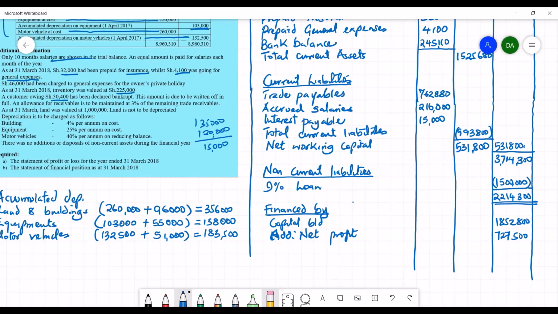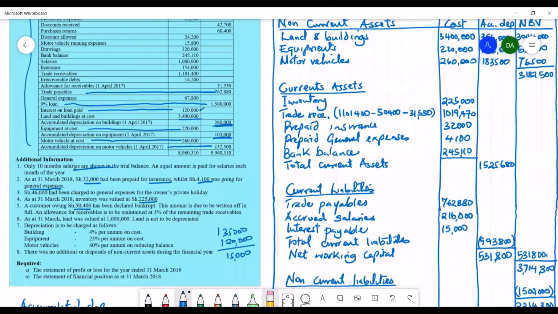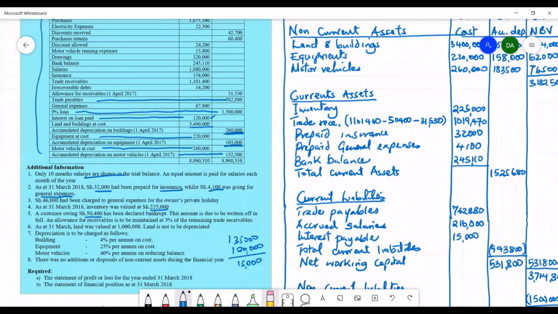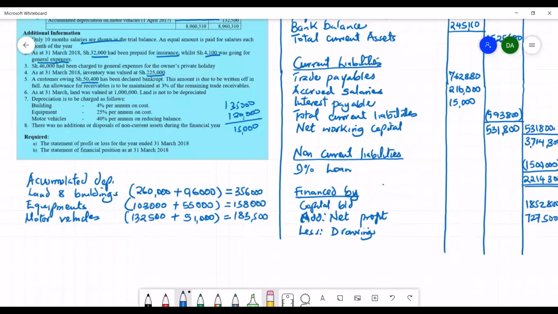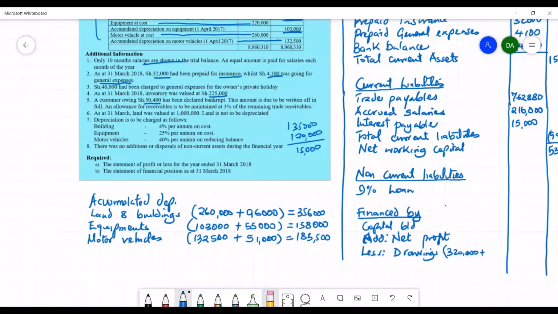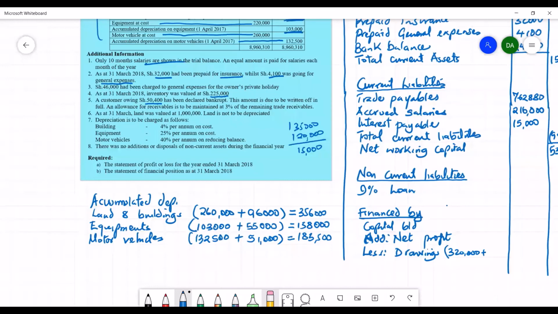Then less drawings. Drawings for the business are equal to 320,000. But we are also told in the additional information number 3 that 46,000 had been charged to the general expenses for the owner's private holiday.